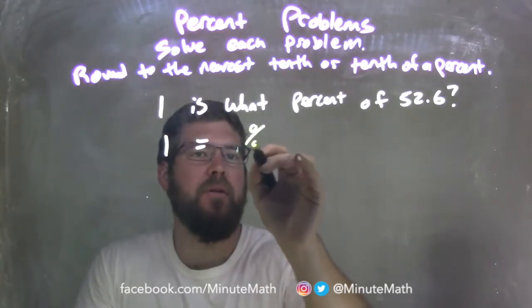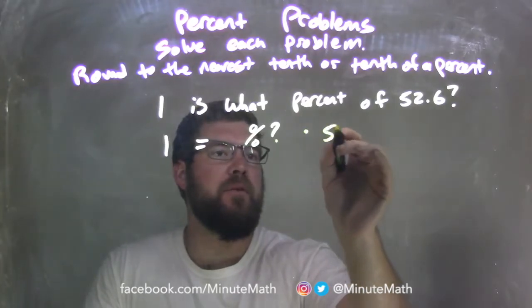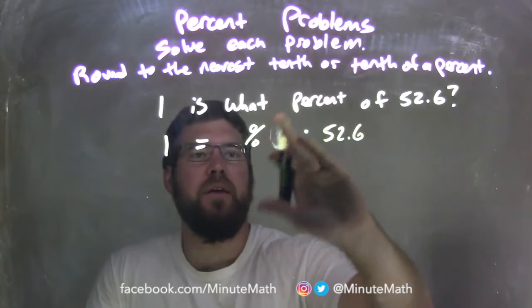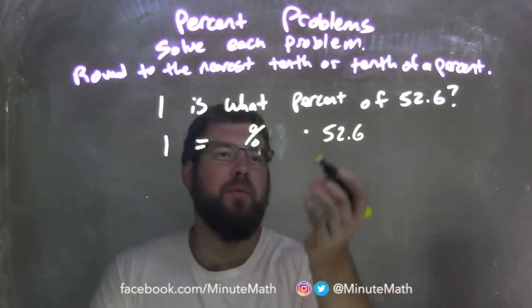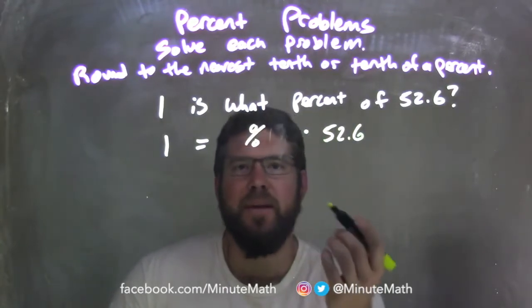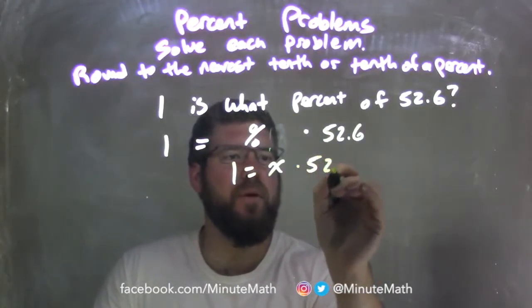So we're going to have a question mark on the percent here, of multiplied by 52.6. I guess we only need the question mark. There's what percent. So 1 equals a percent times 52.6. So let's make that percent a variable here. So 1 equals x times 52.6.